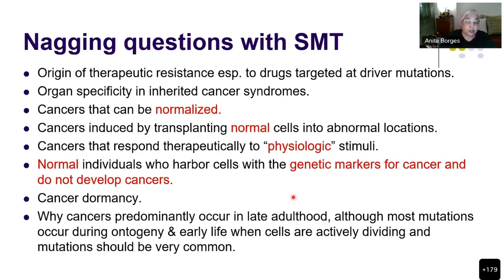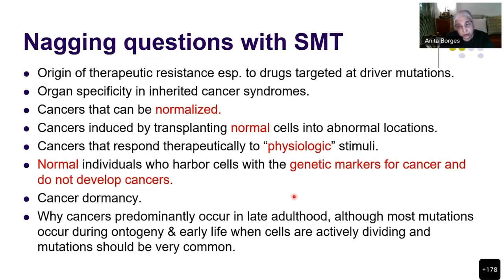Similarly, there are patients who have classic translocations of myeloid leukemias, and they never go on to develop a myeloid leukemia. And we keep on talking, oh, this is the fingerprint. 14-18 is the fingerprint of a follicular lymphoma. But the patients don't have a follicular lymphoma, and yet the lymphocytes in their blood are carrying the 14-18 translocation. So it cannot be just that you have a somatic mutation, and that is sufficient to develop a cancer.